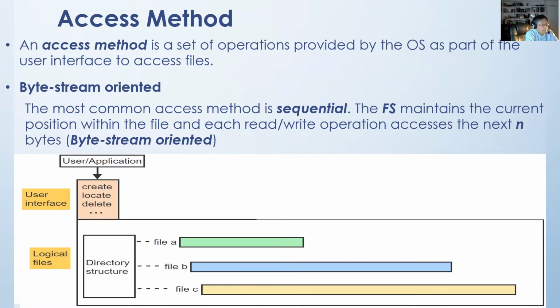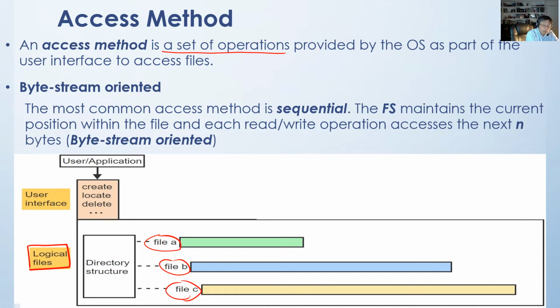To manipulate the files in the file system, the operating system provides a set of operations called an access method. The access method serves as part of the user interface to access files. The file system presents a logical view of files to the users. For example, we have three different files: file A, file B, file C. These files may have different structures, but the file system presents a logical view to make all these files look similar.